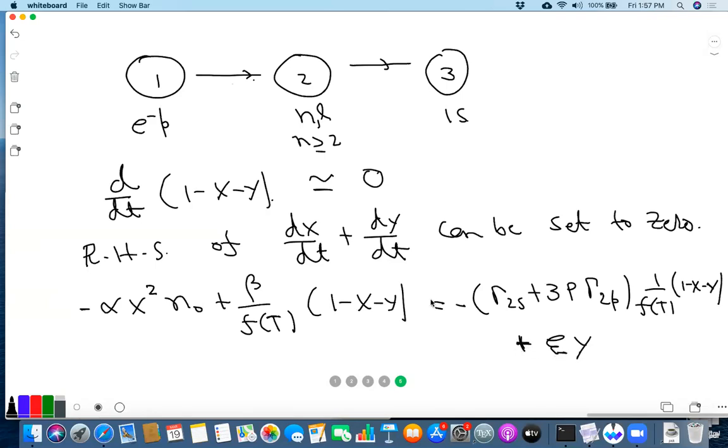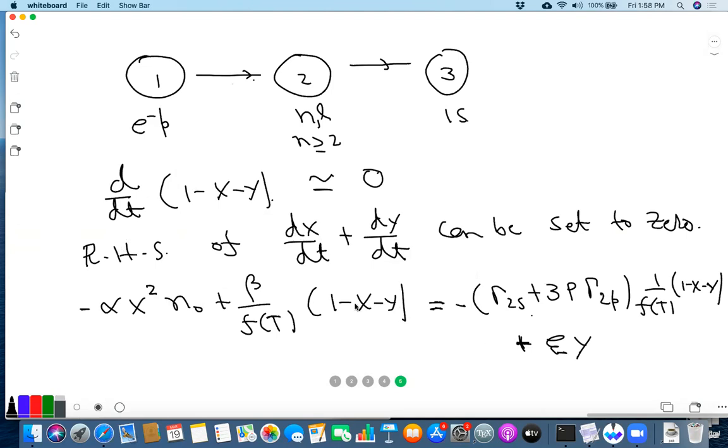This I just took from the equations that we saw in the first slide. So this is the rate of change of x, and this is the rate of change of y. If they are equal and opposite, then the system 2 remains unchanged.